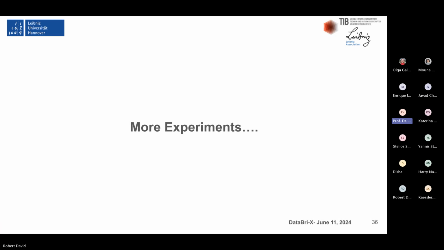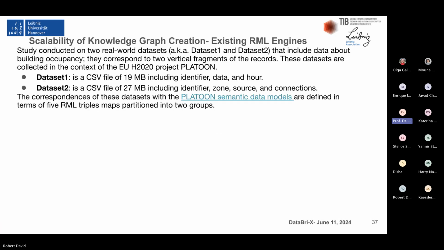And now I'm going to show you an example that we had in a European project. It was in the energy sector. In there, we wanted to create a big knowledge graph, but we were trying to understand what was the impact of generating all this knowledge graph in RDF first, and how expensive it was for all these engines to generate this knowledge graph, how much memory they needed, and how costly it was in terms of execution time.